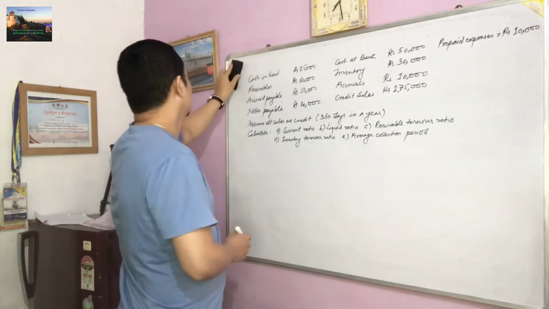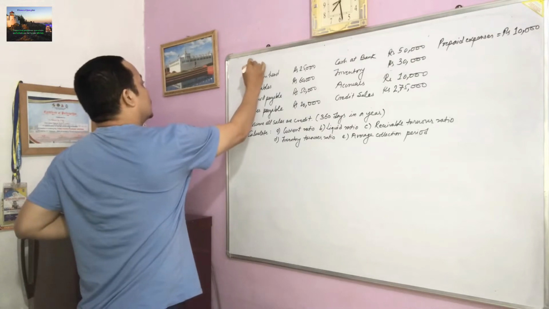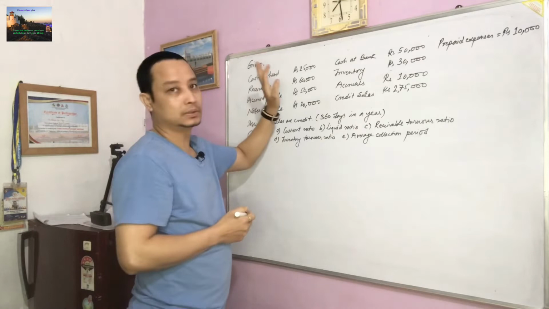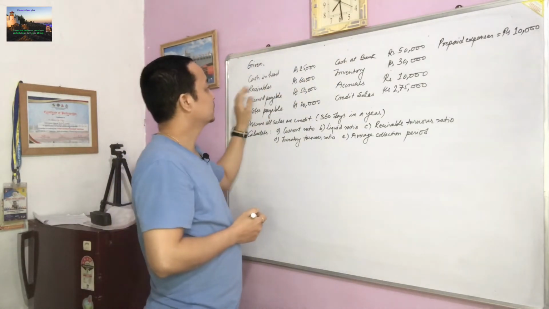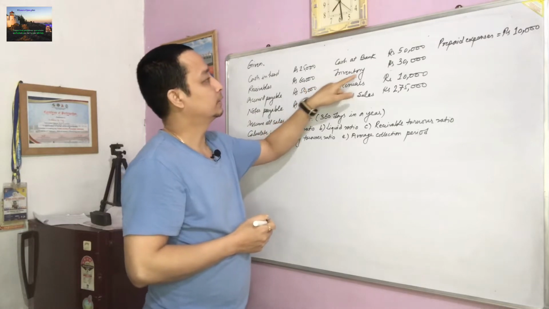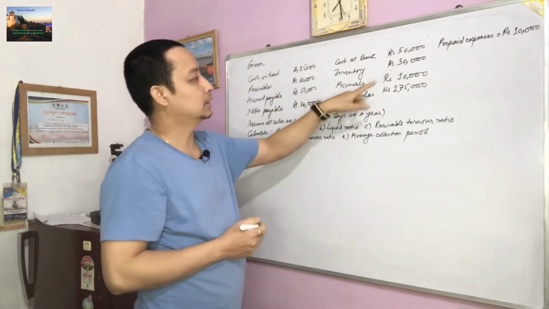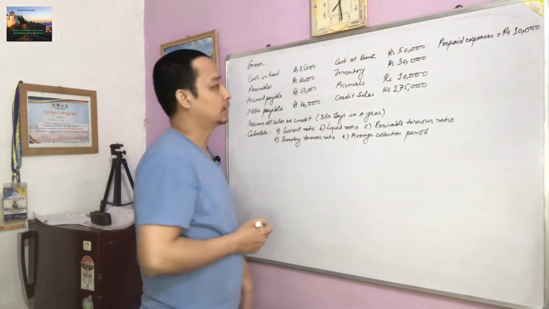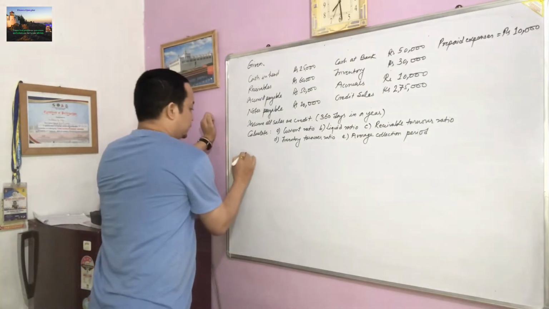Okay, so given here, cash in hand 25,000, cash at bank 50,000, prepaid expenses 10,000, receivable 60,000, inventory 30,000, accounts payable 50,000, accruals 10,000, notes payable 20,000, credit sales 2,75,000. So now let's calculate the current ratio.